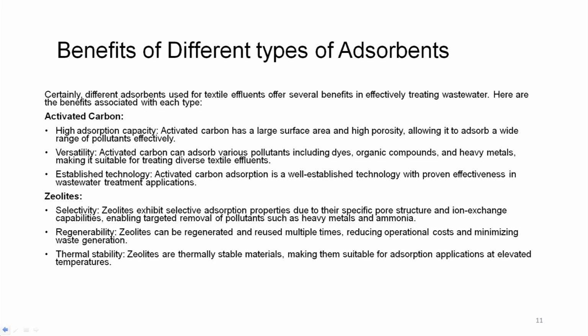Activated carbon can adsorb various pollutants including dyes, organic compounds and heavy metals, making it suitable for treating diverse textile effluent. Established technology. Activated carbon adsorption is a well established technology with proven effectiveness in wastewater treatment applications.